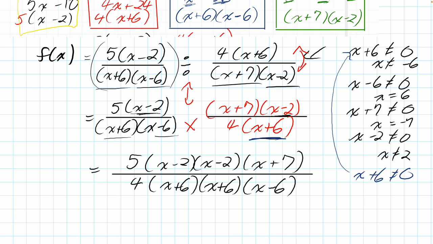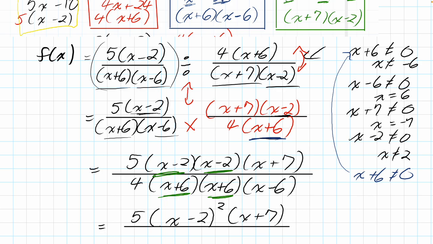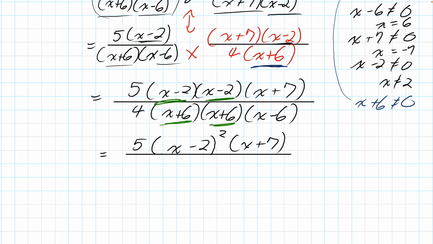Well, we have two sets of brackets. These two are identical, and these two are identical. You can represent those with just one bracket. You can say x minus 2 squared, x plus 7. And when it comes to simplifying, they will prefer you to do that. If you can see brackets that are the same, they're going to ask you to write it as a single bracket to the power of 2. Or in another case, if you have 3 of them, you would write it as the power of 3. So this would be your simplified version of it.